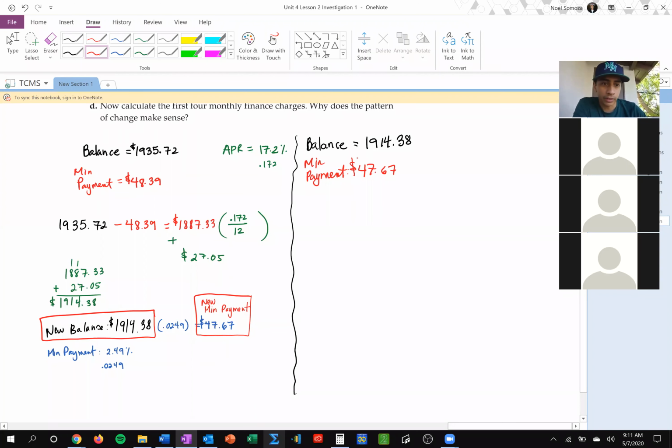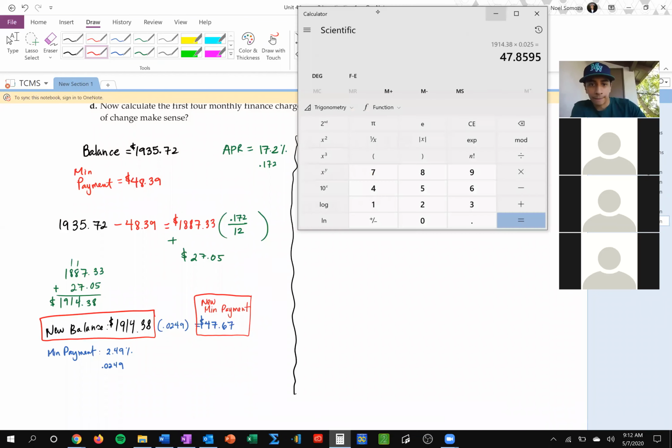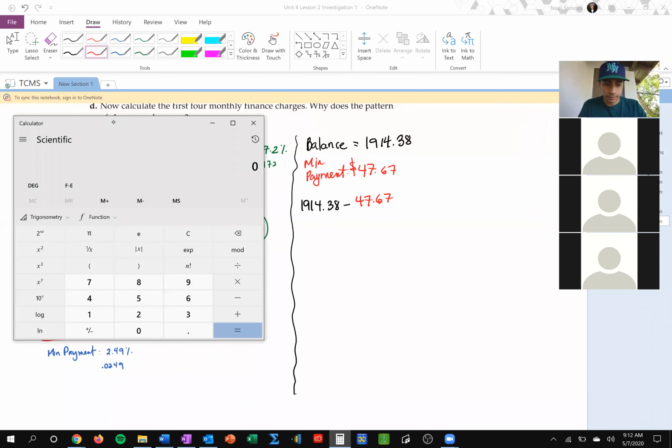Let's say she makes the payment. So for us, that'll look like 1914.38 minus the minimum payment of $47.67. Let's see what that gives us. Okay, so that brings her balance down to 1866.71.